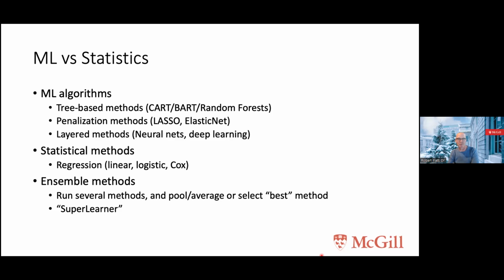So just a brief summary of the algorithms that we're working with, or some of the algorithms we can think about. Machine learning algorithms, you'll sometimes see referring to tree-based methods. Classification and regression trees is an example, Bayesian regression trees, or random forests, which is running lots and lots of tree-based models and averaging across those. And tree-based models are exactly what you think they are.